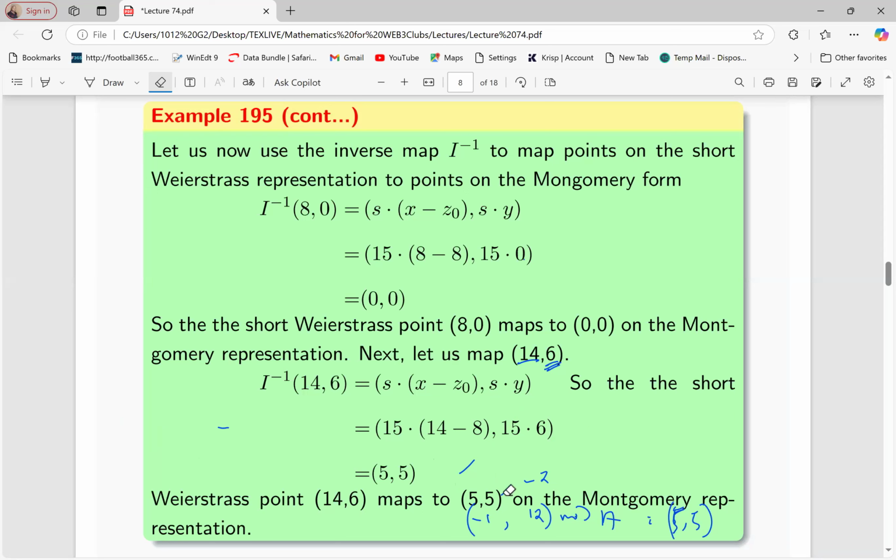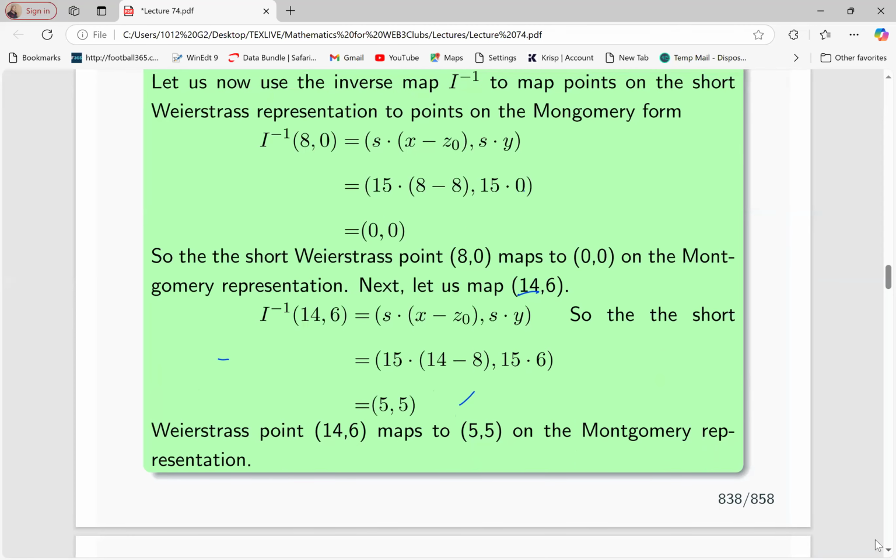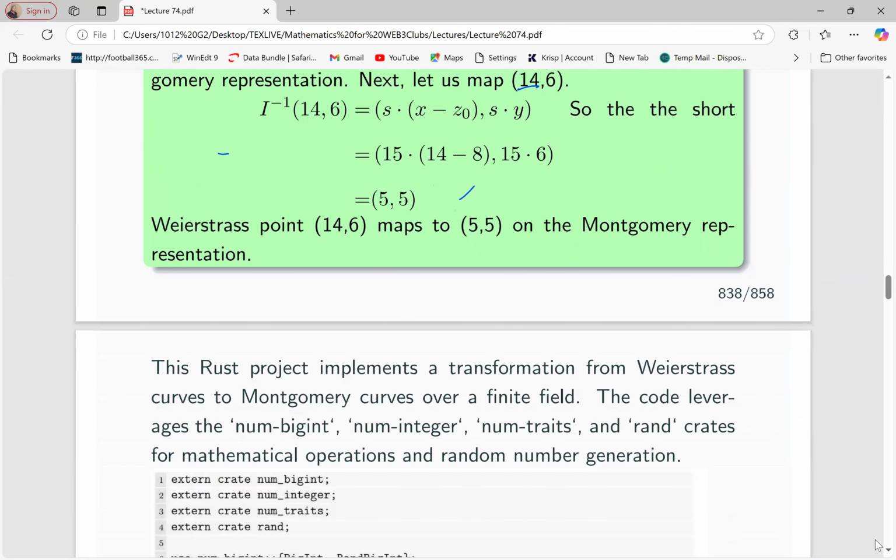And we have already said that we are doing this because you could be having the short Weierstrass, and because you want to work on a secure form of elliptic curve, you want to work with the Montgomery, so you convert the short Weierstrass that you have to Montgomery and then use. So of course, you can also convert the points. And that is what is very important. Even converting those points is always what is most important.